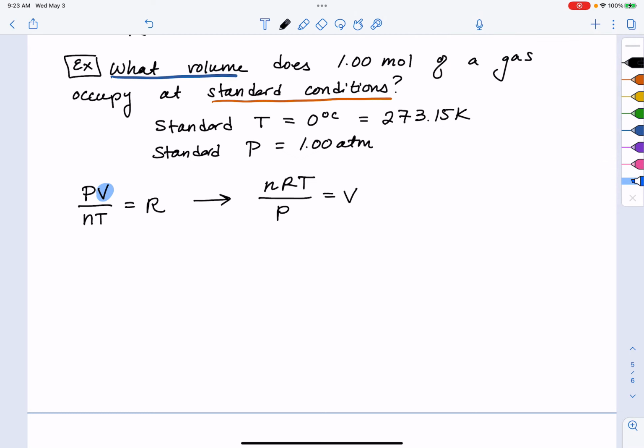All right, now that we have this rearranged, let's use this ideal gas law to figure out the volume that 1 mole of a gas occupies at standard conditions. So for gases, these are your standard temperature and pressure, STP.